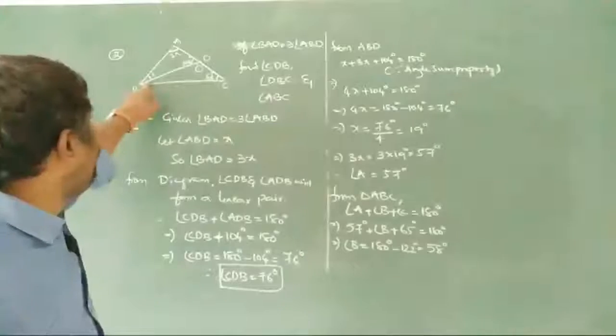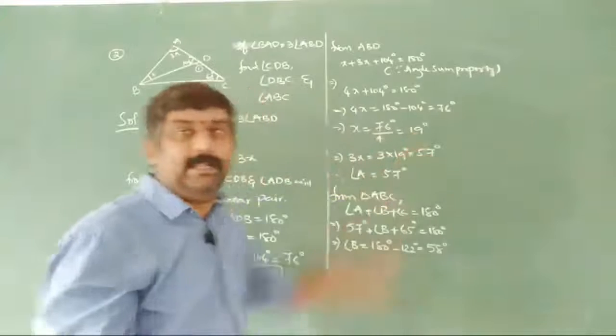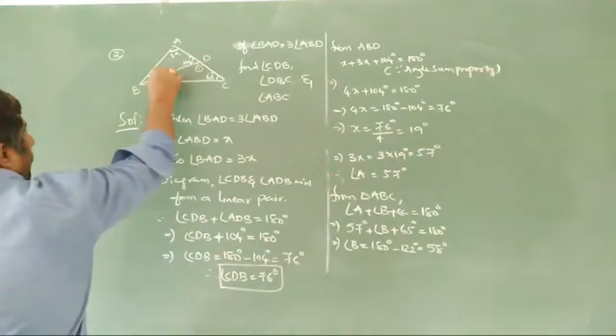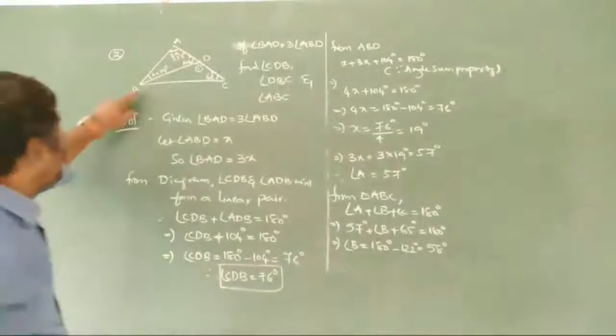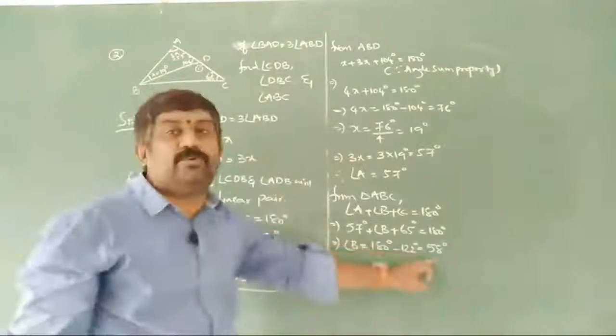But already we have the x value, which is 19 degrees. Total we are getting 58 degrees now.